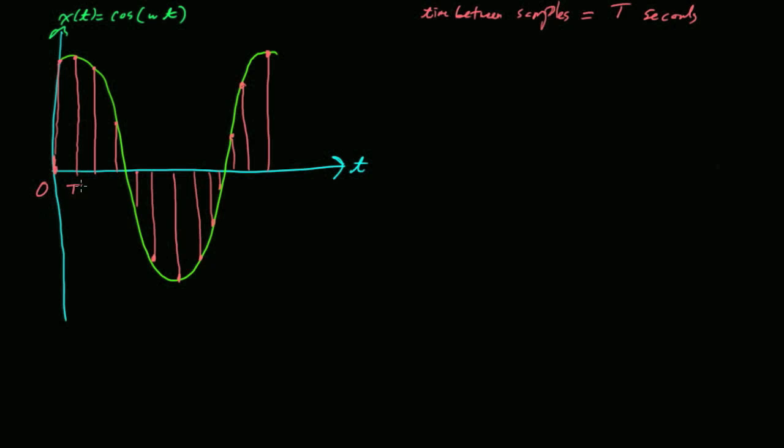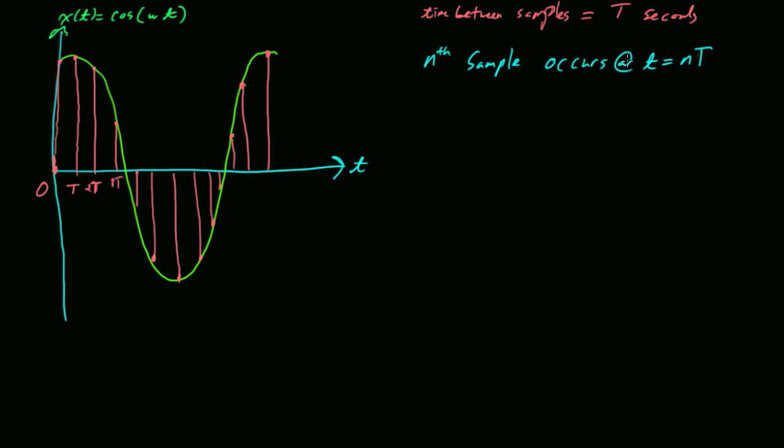T. And this one? 2T. And so on. 3T and so on. So can we say that the nth sample occurs at time equals n capital T? Is that good? No lies? I'm still telling the truth.